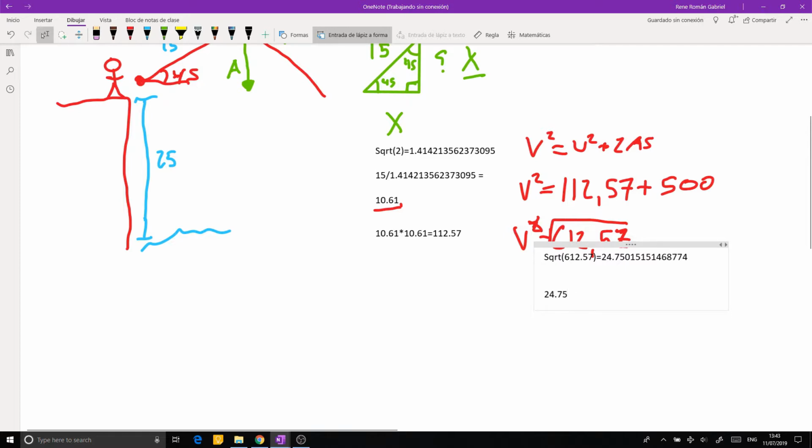So it gives us 24.75 meters per second. So that would be our answer.